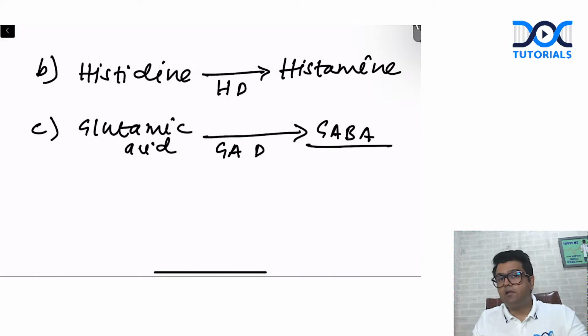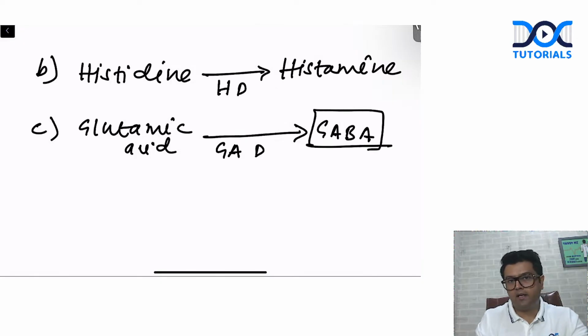Now, if its levels are low, what will happen? Suppose the GABA, gamma aminobutyric acid, levels decline. The patient will have less inhibition of the nervous system.